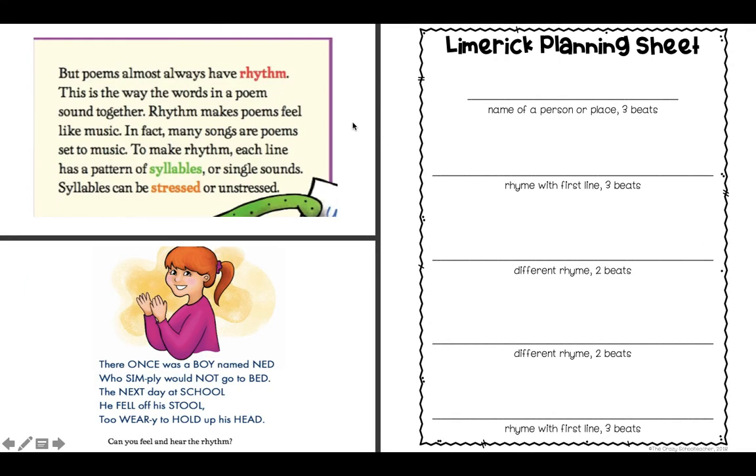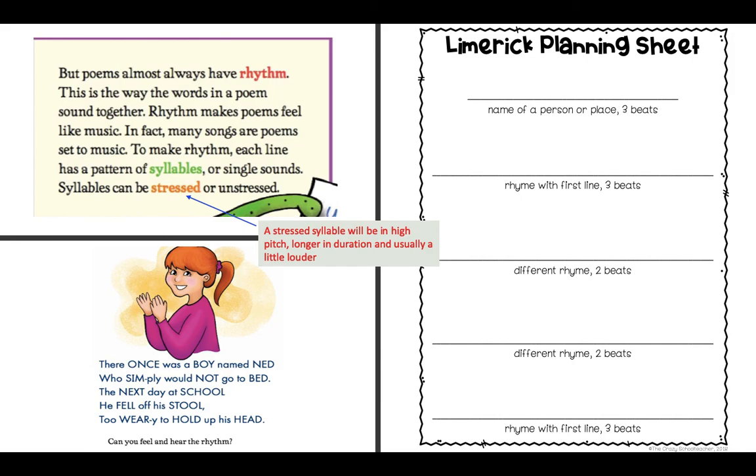So remember that I said that limericks have rhythm, okay? And to make rhythm, each line has a pattern of syllables or single sounds. Syllables can be stressed or unstressed. What does that mean? A stressed syllable will be in high pitch, longer in duration, and usually a little louder.